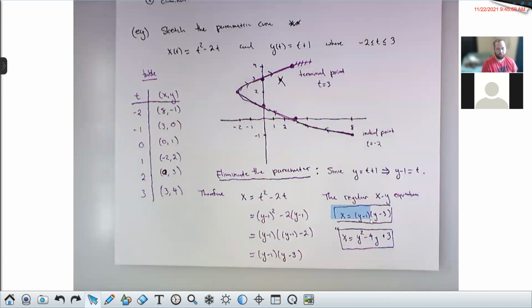And I think from the factored form, it's easiest to see that our curve is more or less correct. And again, modulo my bad art. This is a parabola opening to the right, right? It's a left-right thing instead of an up-down thing because the variable being squared is y. And the y-intercepts here are 1 and 3 because we have this factored form.